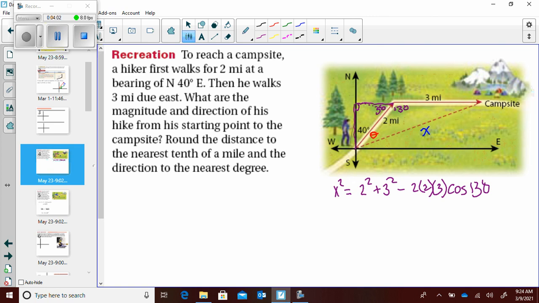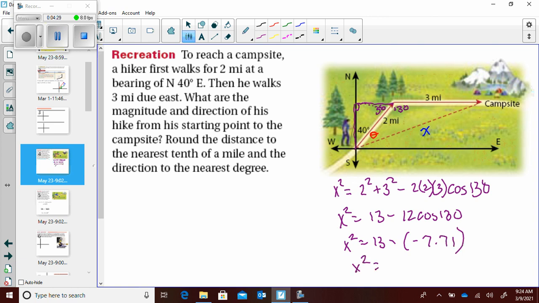So I'm going to do this out. I'm going to get x squared equals 4 plus 9 is 13 minus 12 cosine of 130. So I'm going to take the cosine of 130 times 12. So I get x squared equals 13 minus negative 7.71.